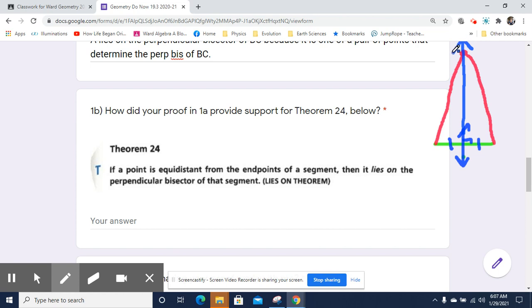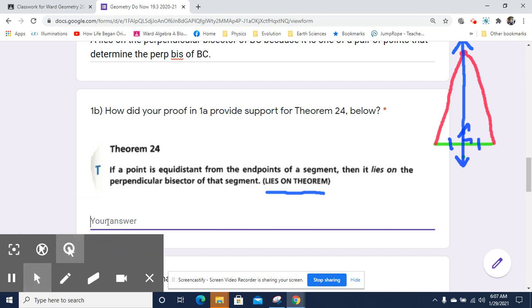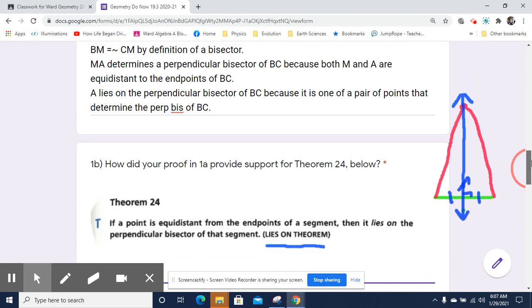We know that point will be on that perpendicular bisector. This is called the lies on theorem because we're talking about a point that lies on the perpendicular bisector. So how did our proof in 1A provide support to 24? Let's look at our proof.